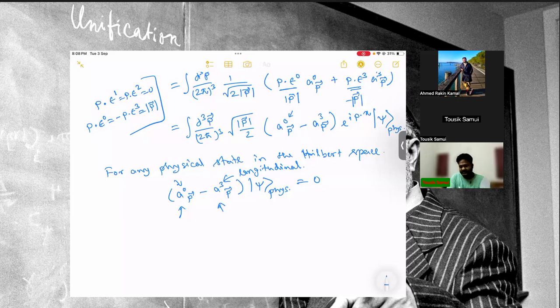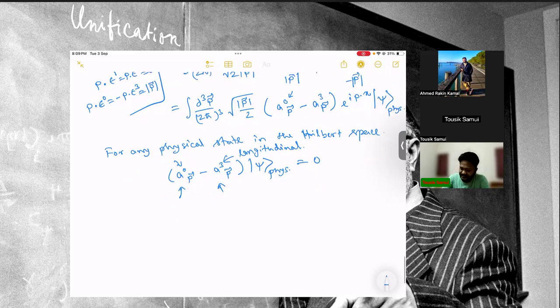So that's the essence: we are now restricting our Hilbert space. Only a subset of the created Hilbert space will be the physical Hilbert space, and on it we will do all our calculations.